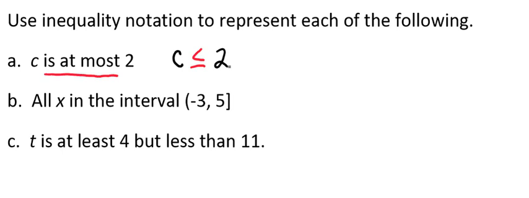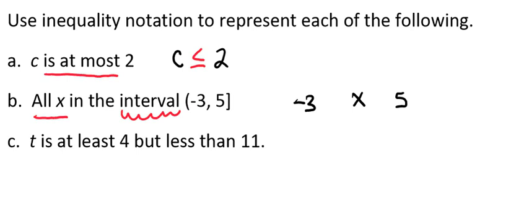Let's look at B. Here it says all x in the interval -3 to 5, where -3 is not included and 5 is included. Because it's telling us that it is all of the x and they exist in this interval, we know that our x value is going to be between -3 and 5.